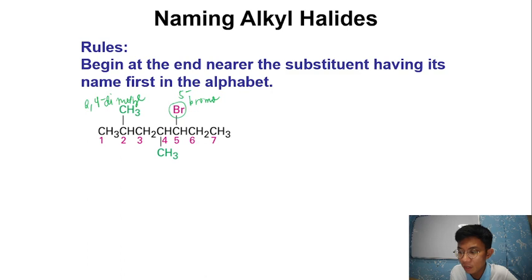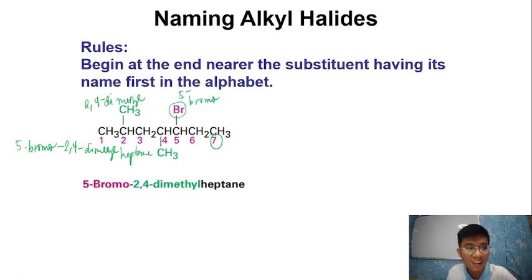So if you will write this one, it will become 5-bromo-2,4-dimethyl. Or what's the parent? You have 7. So this is heptane. So let's check. Tama. 5-bromo-2,4-dimethylheptane. Okay? So how about ito naman?